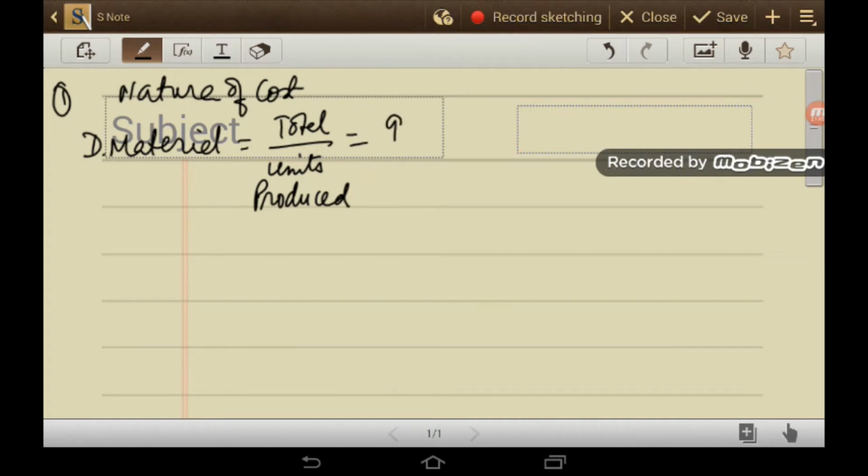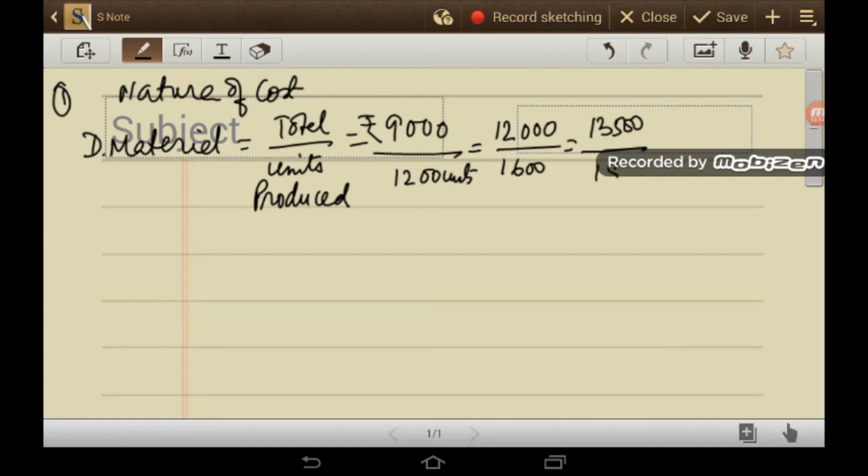In week 1, 9000 is the total cost and 1200 is the units. Next week you have a total cost of 12000 and 1600 units produced, and third week 13500 divided by 1800. So in all cases you have direct material cost per unit of rupees 7.5.